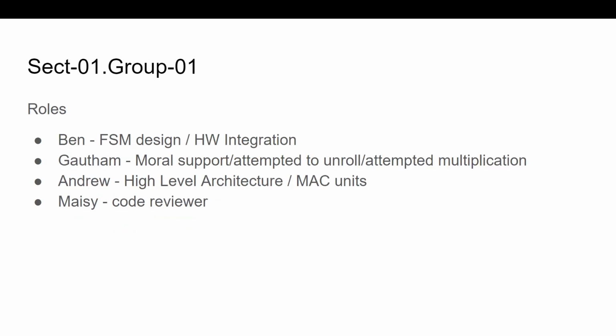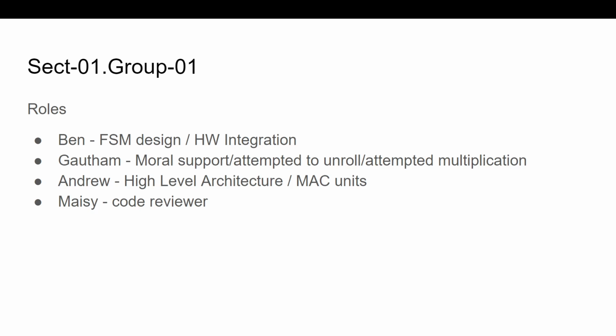I designed the state machine to control our hardware accelerator, and then I integrated everything together and got it to work. I initially attempted to do the multiplication part of it, and I was really interested in VHDL, so I worked on the multiplier and the accumulator. And then I also worked on trying to unroll things a little bit more, but we were not having as much success, me and Andrew.